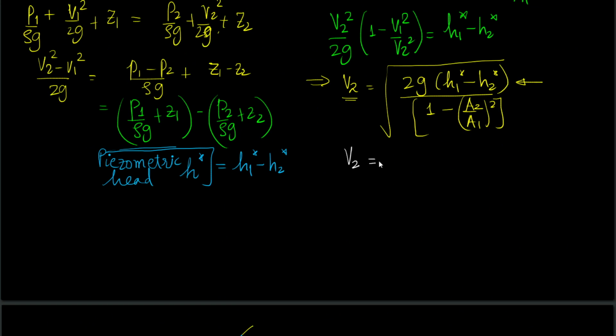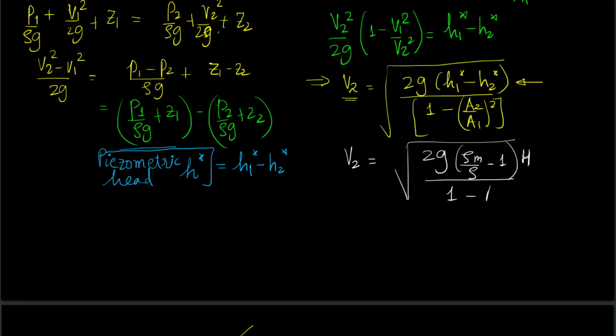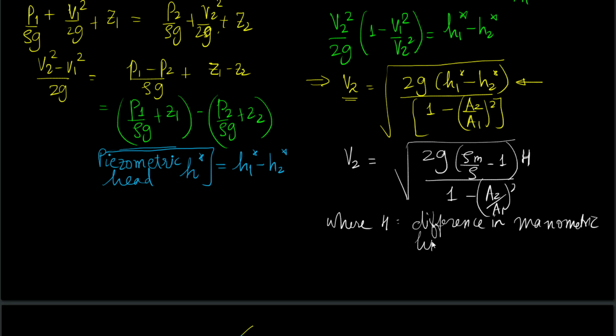So this becomes V2 equal to square root of 2g, and this piezometric height difference is equal to rho m upon rho minus 1 times the difference in the manometric limbs, with the factor A2 upon A1 whole square, where h is the difference in manometric height in the two limbs.